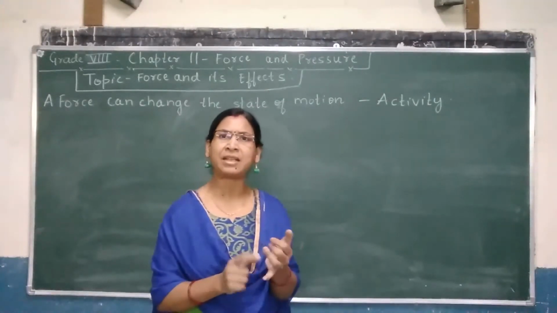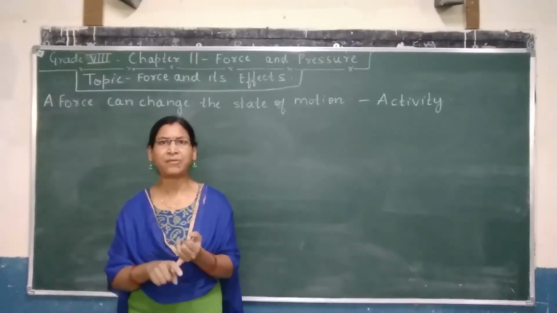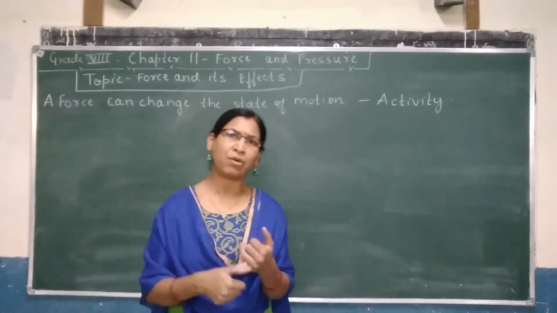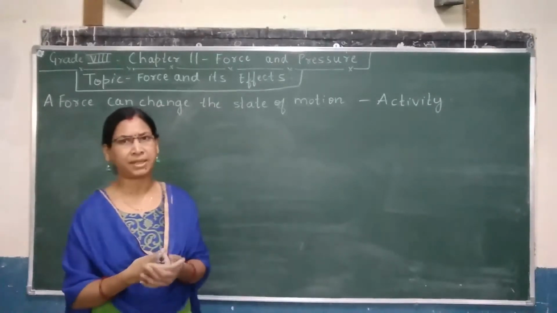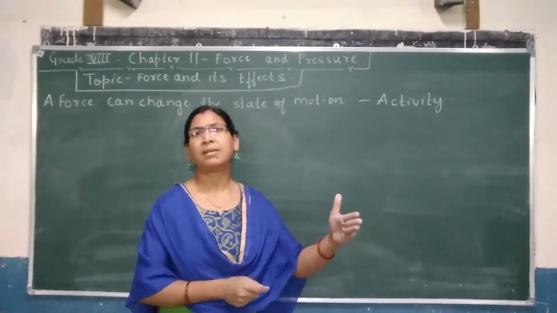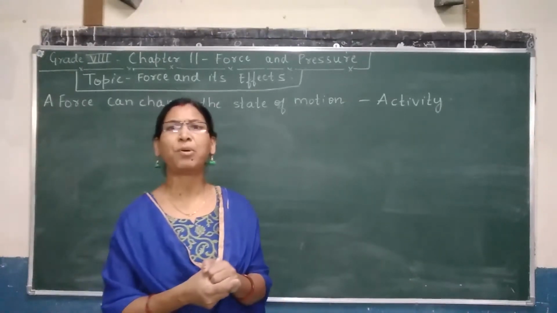It can change the state of motion. Earlier it was stationary. When we apply force, it starts moving, and then if we apply more force, the speed of the ball or the object increases. When we tried to stop it with our palm, the speed decreased and there was a change in the direction of the ball.